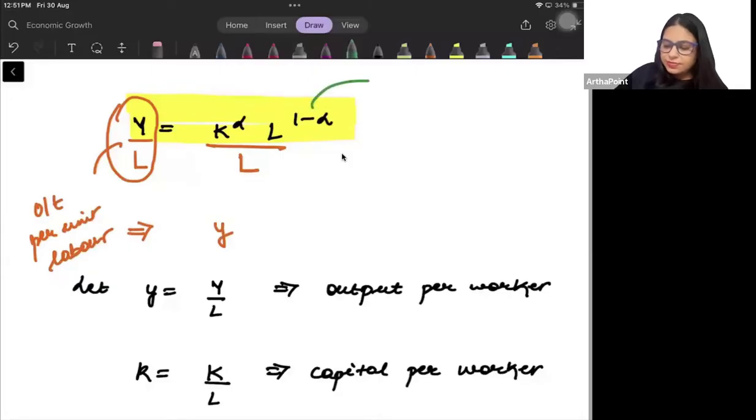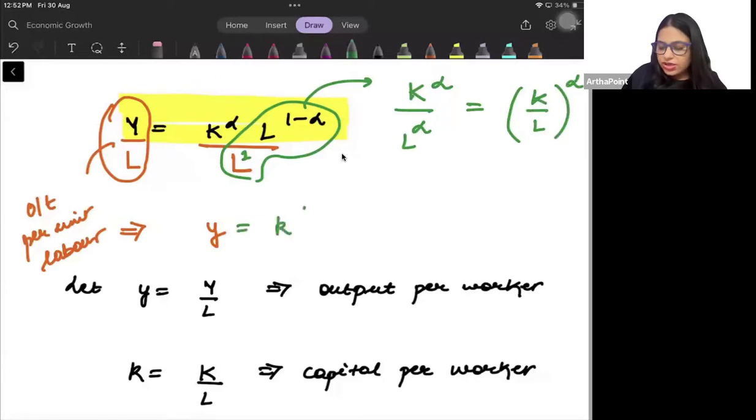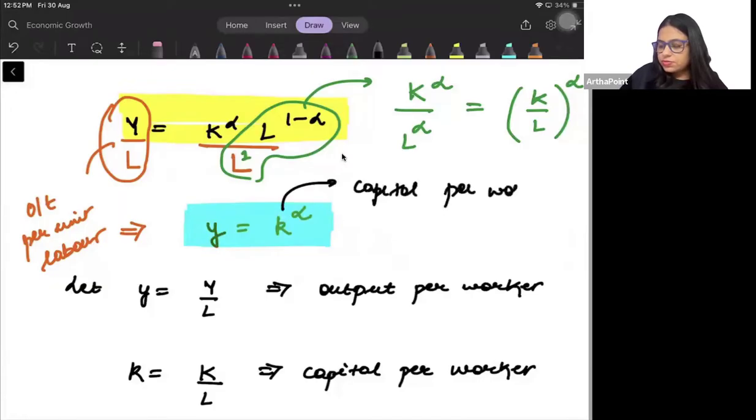And this part became k to the power alpha. Look, if I just solve this part, I will have L to the power alpha in the denominator. So this can be written as k by L to the power alpha, and I can just write this as small k to the power alpha. So this small k came to be called capital per worker.